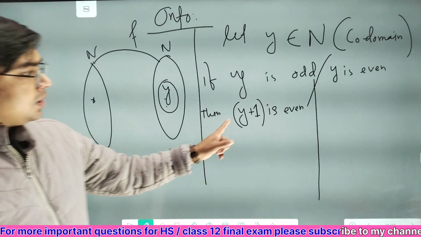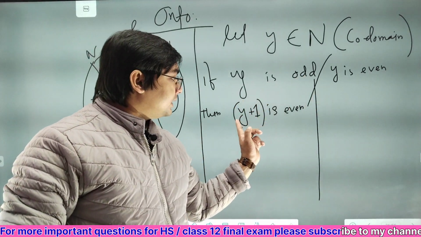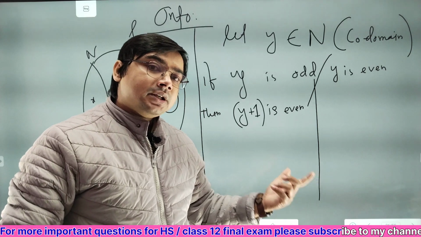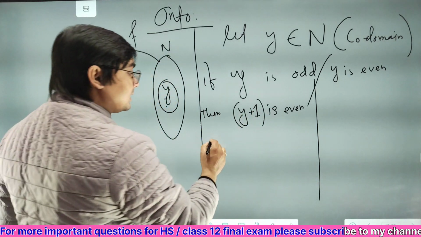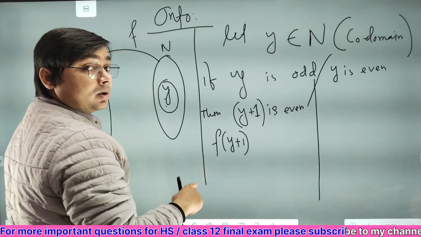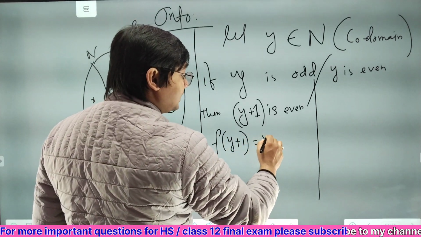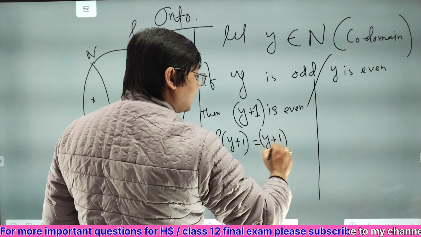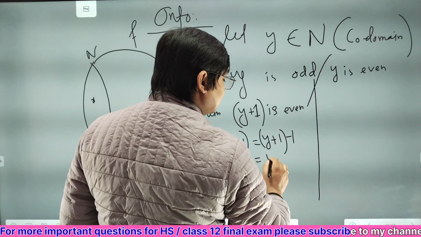Is it okay? If y is odd, then y plus 1 will be even. So if y plus 1 is even, what will be the value of f of y plus 1? This is even, so it is y plus 1 minus 1, and this is y.